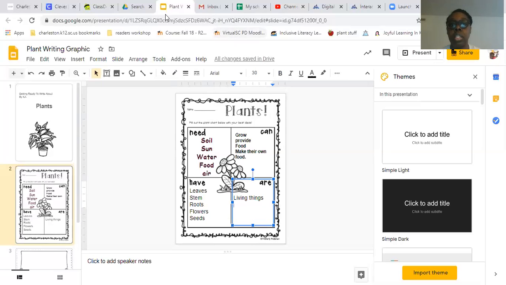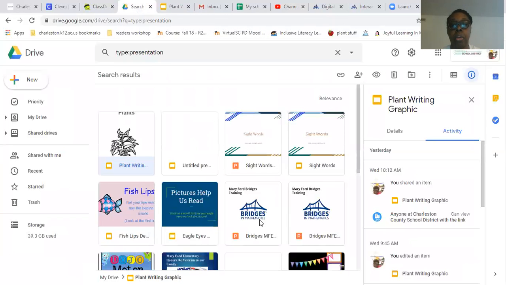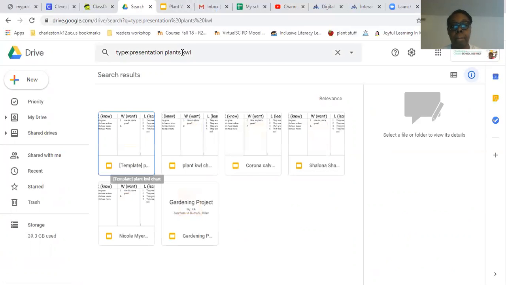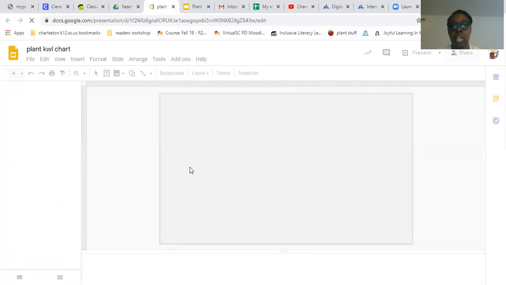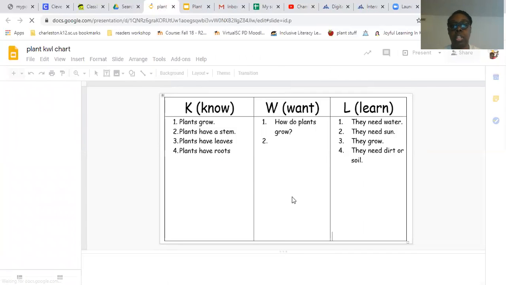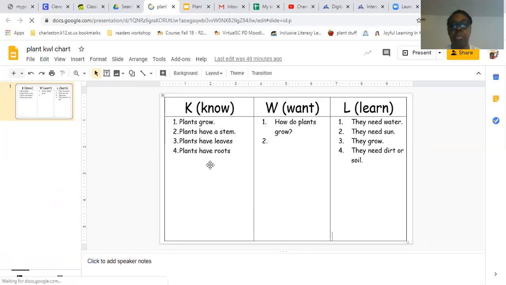I'm going to leave this screen open for a second and go over to another one. Here we are, and I see some people have this open and are working in it, and that's wonderful. This is the KWL chart that we were making in class.